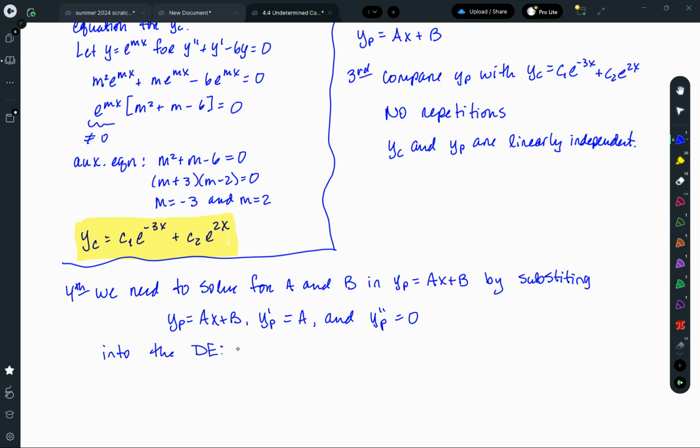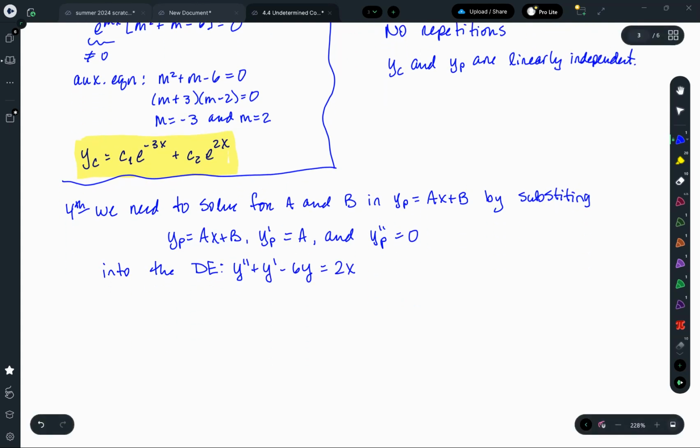Okay, and just to recall, the differential equation was y double prime plus y prime minus 6y equals 2x.